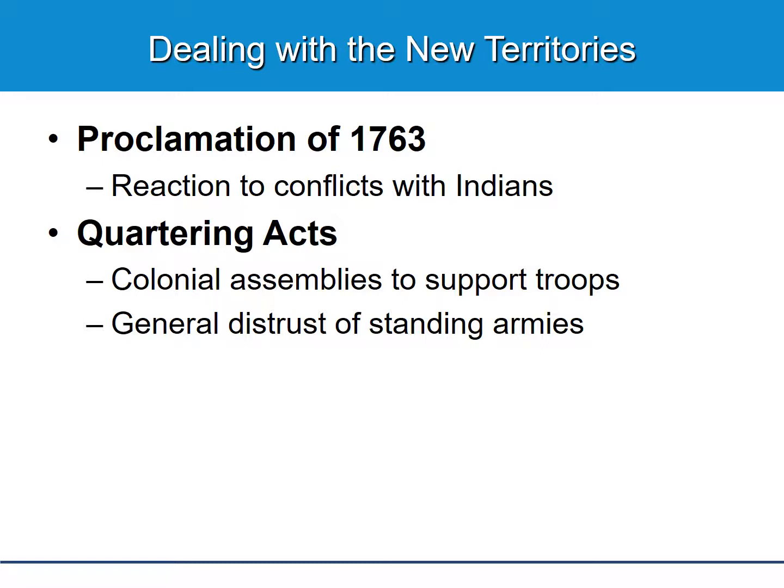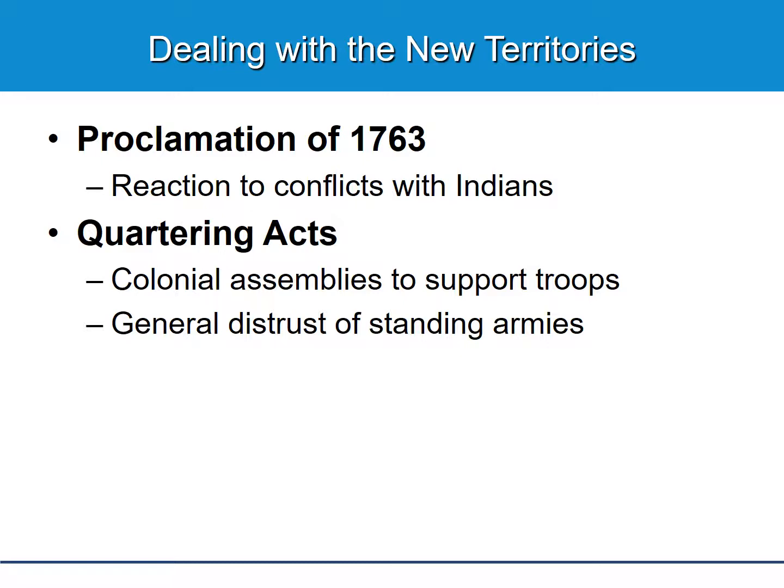And so they were willing to have the troops there. They were willing to pay the taxes to support the troops. After the French and Indian War, when the French are no longer a threat on the North American continent, the colonists are resentful of the taxes, and they're resentful of the armies.